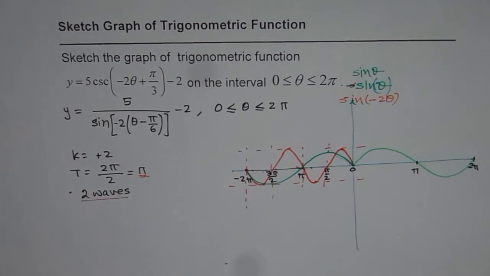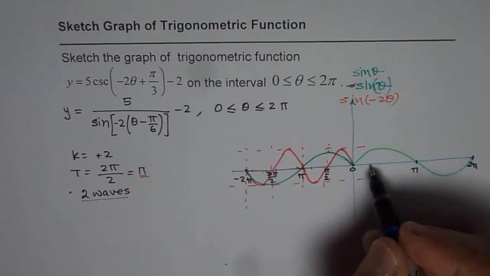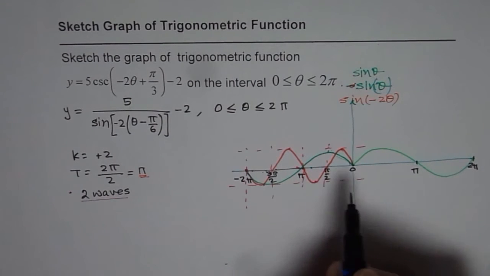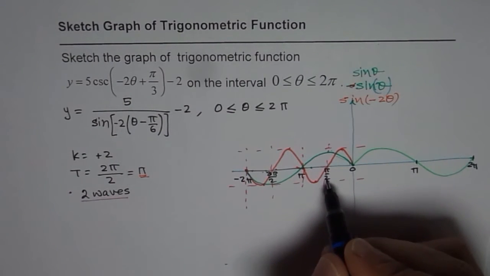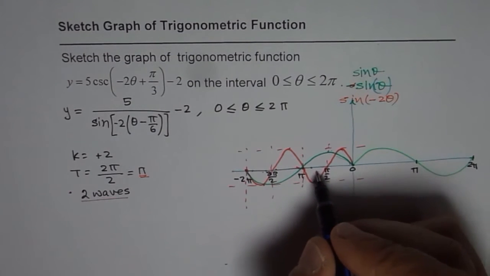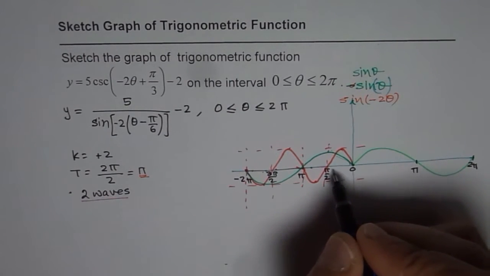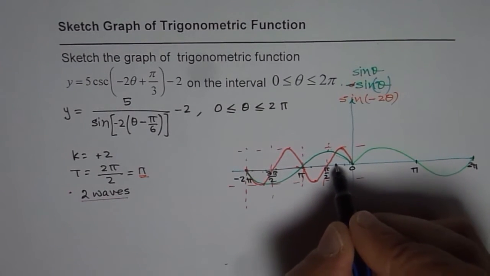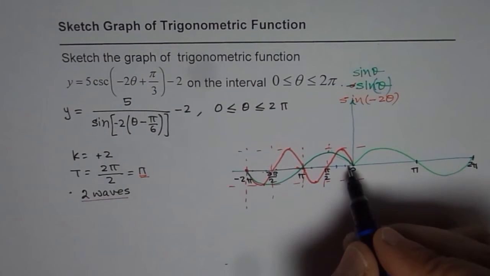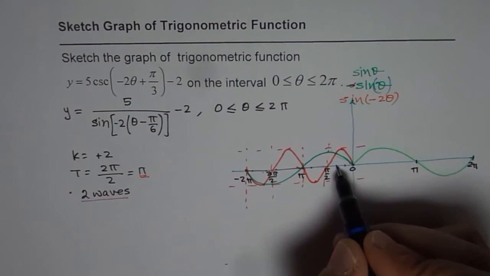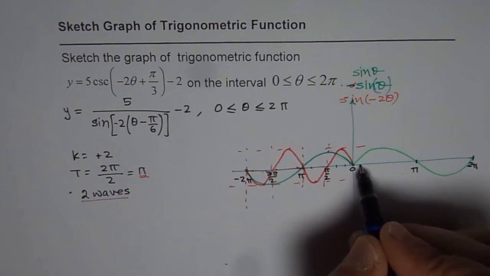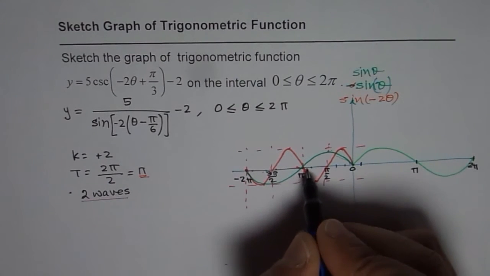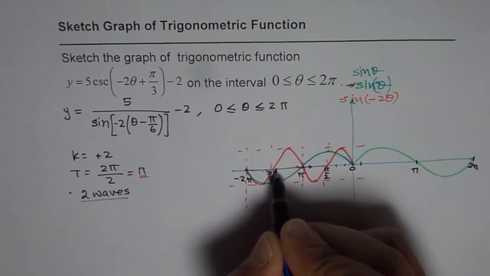Now we have to move the wave pi by 6 to the right. So this is pi, this is pi by 3, and so pi by 6 will be 3 more divisions: each one is 1 pi by 6, 2 pi by 6, 3 pi by 6. So that much is pi by 6 for us.